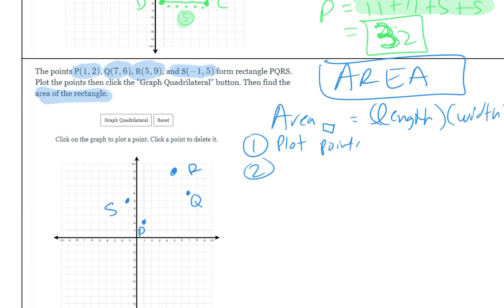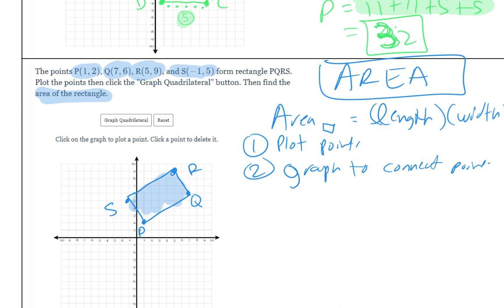The second step is we're going to graph, to connect the dots, connect the points. Okay, but when we graph it, we're going to go in order. So we said P, Q, then R, then S, then back. Okay, so now the area is all the area on the inside.